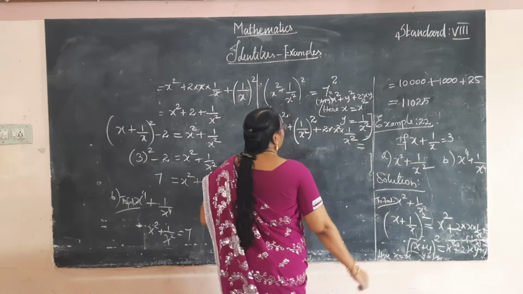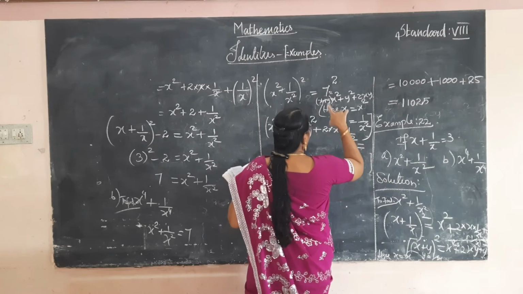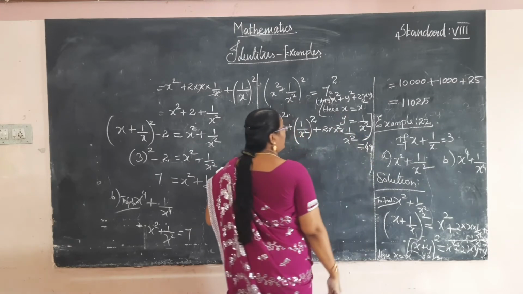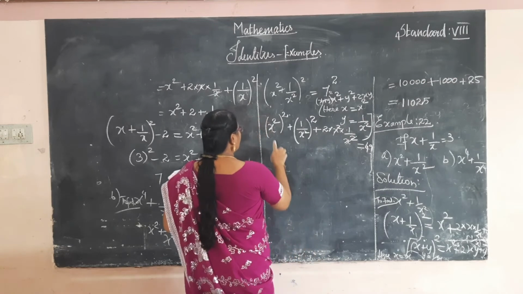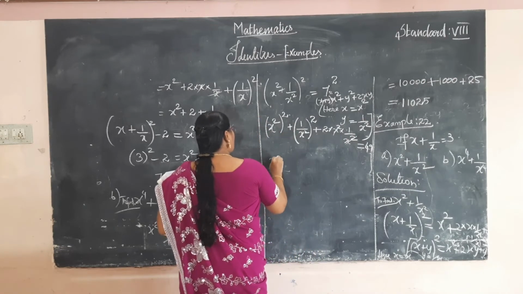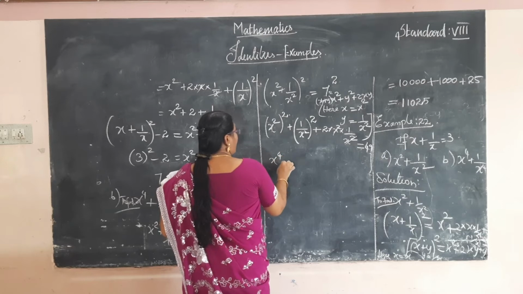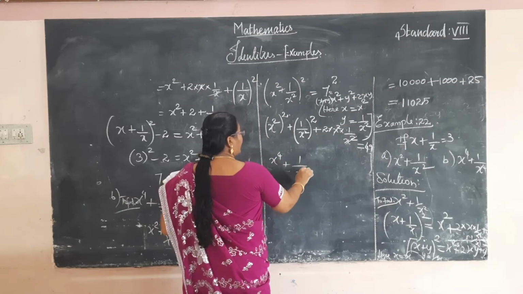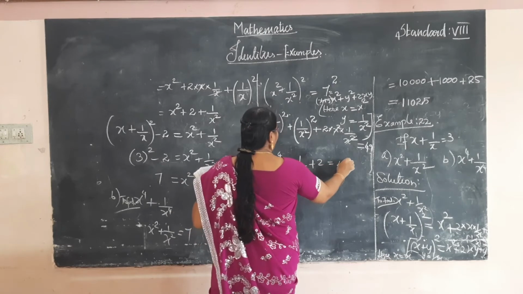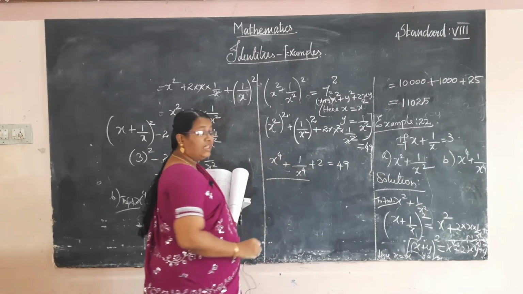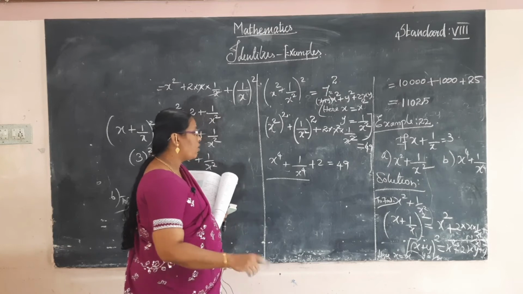Okay, the right-hand side has 7 square. What is the value of 7 square? 49. These two terms will be cancelled. So x power 4 plus 1 by x power 4 plus 2 is equal to 49. We only need the value of x power 4 plus 1 by x power 4.